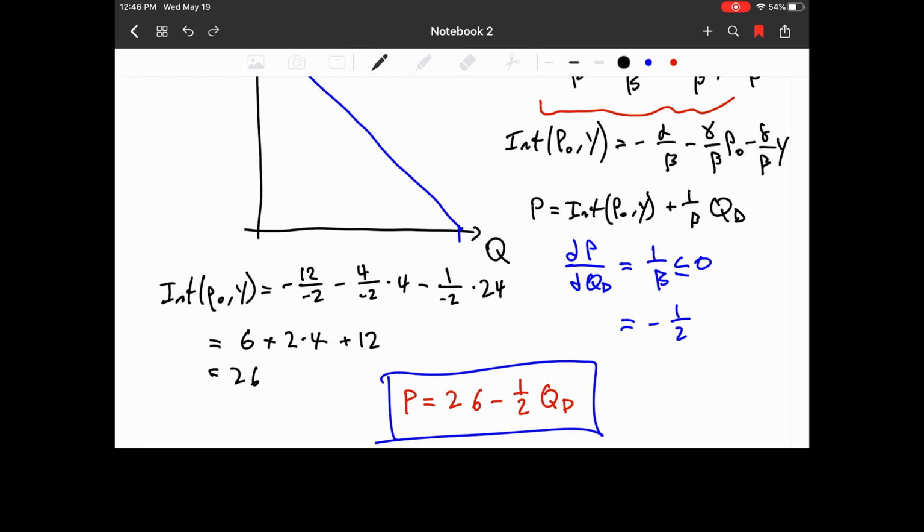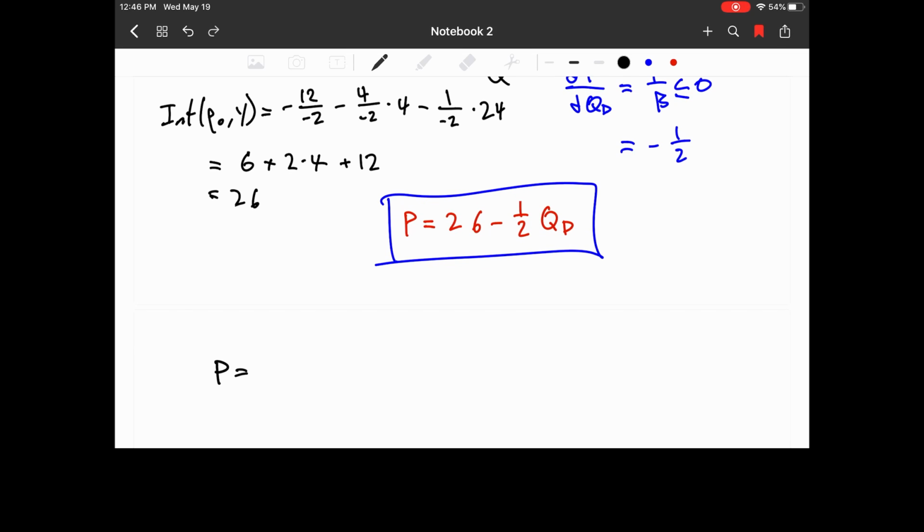All right, so when we backtrack a little bit, leaving the variable values here undefined, that's going to allow us to solve for a more general inverse demand function.